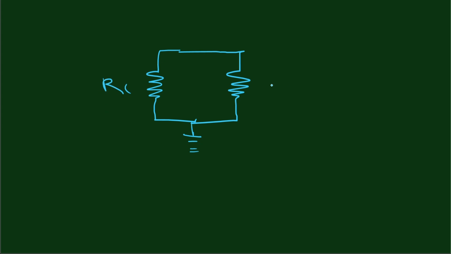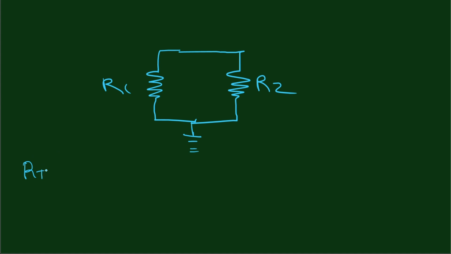So the circuit will look like this, R1 and R2. Now this equivalent resistance will be our Thevenin's resistance.